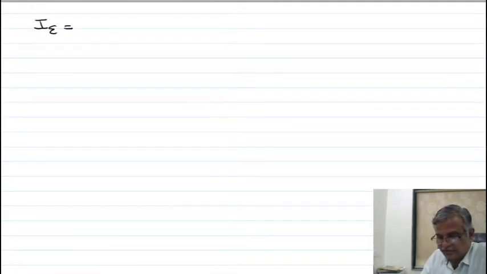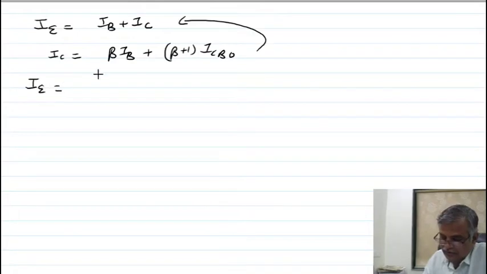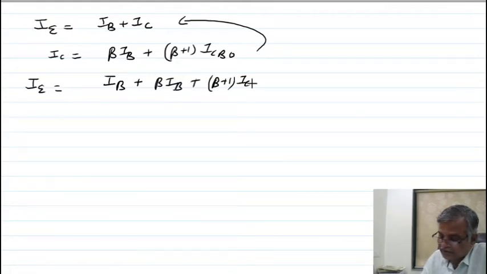Emitter current is nothing but, in magnitude form, I can write like this. And we know for the common base, this is the equation, beta IB plus beta plus 1 ICBO. If I put this value here, I will get IB plus beta IB plus beta plus 1 ICBO.